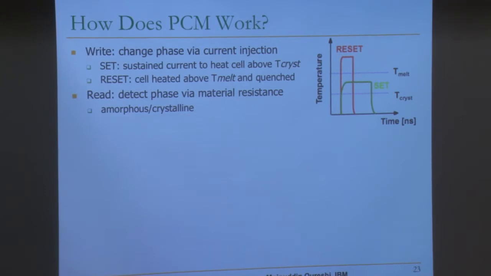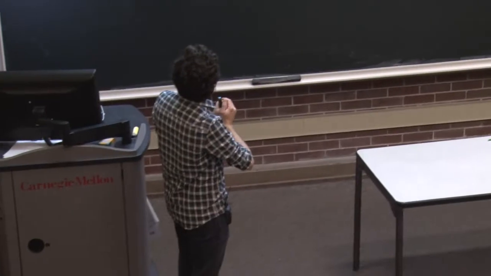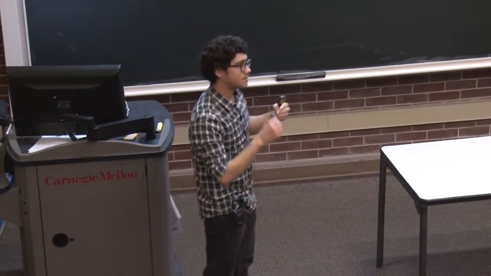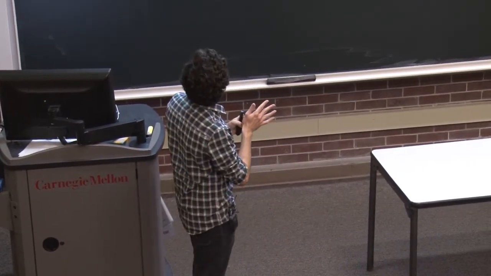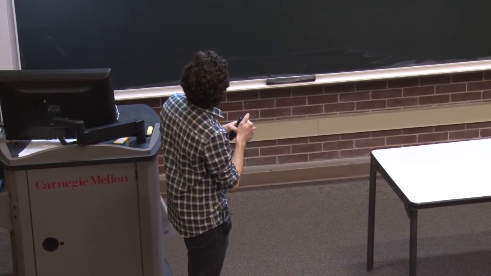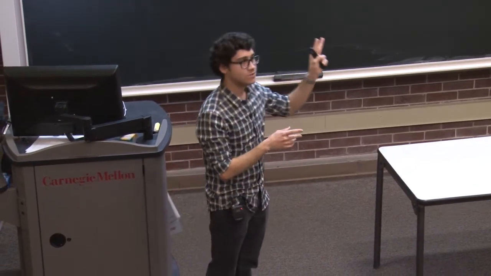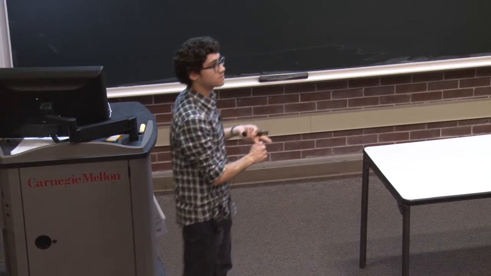And we can reset the device by heating it above another, higher threshold that will actually melt the material. And if we quickly quench the device, if we quickly cool it down, it'll harden back into its original state. To read, we basically just have to send some current across the device and measure the resistance, so whether it's in one of these two phases, amorphous or crystalline.